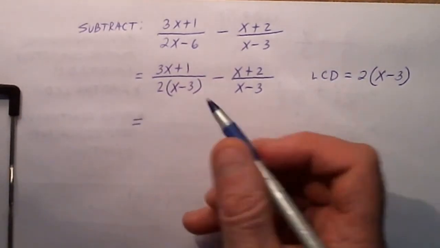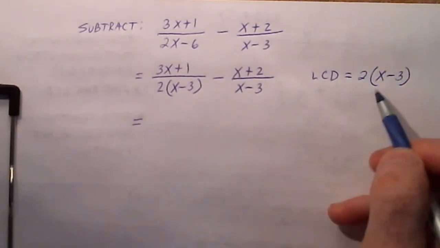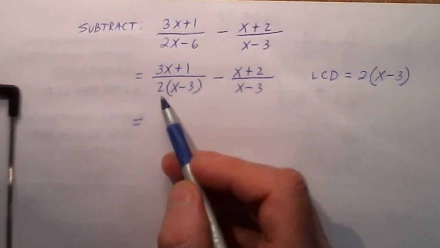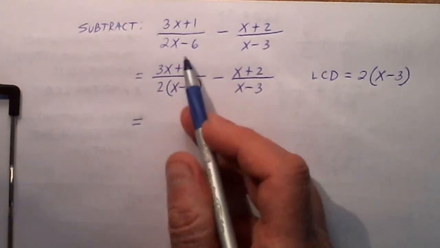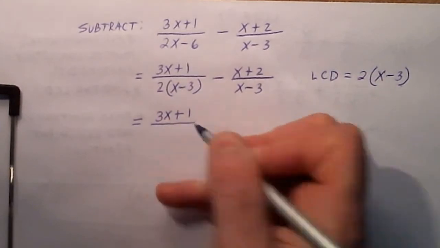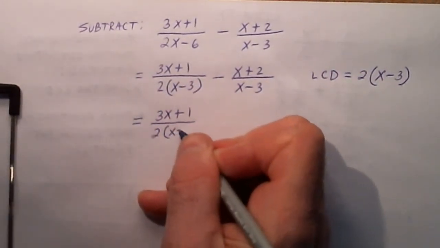The next step now is to build these fractions up into equivalent fractions where both denominators become the least common denominator. Well, notice the first rational expression already has the least common denominator, so we don't have to do anything to our first rational expression. Just bring it on down.